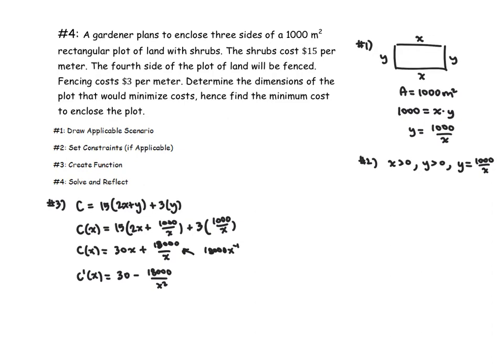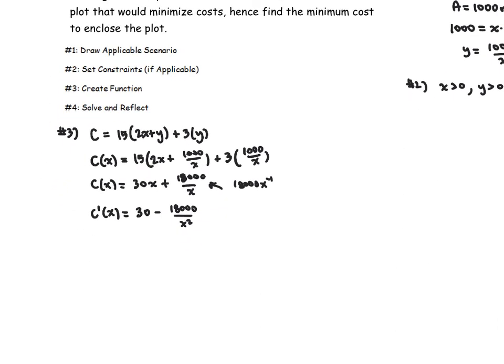Now I'm going to clean that up and make it a little bit more compact. Finding a common denominator, that would be 30x squared minus 18,000 all over x squared. Now, if I want to know where that equals 0, the only thing I really care about is the numerator.